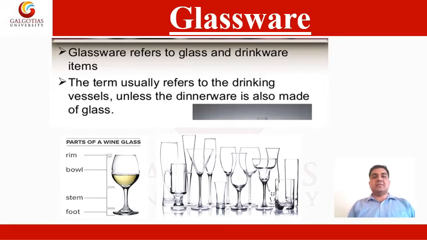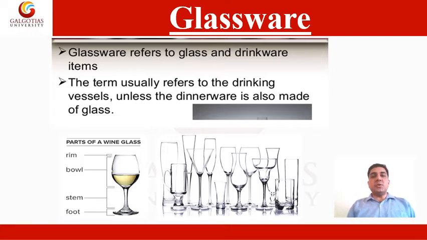Everyone knows what glass is, right? Kaanch in Hindi, and normally called glass. So everything which is made of glass comes under glassware. Now the question will arise, sir, what if the crockery is made of glass? Definitely it would come in the glassware. But understand, in a simple way, everything which is made of glass, you need to say it's a glassware. That's all, easy to remember.